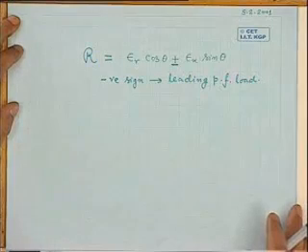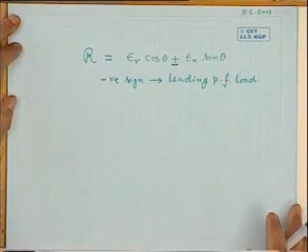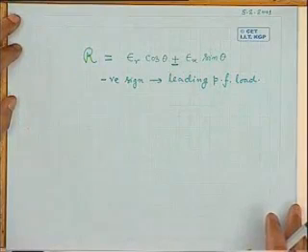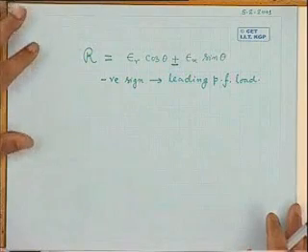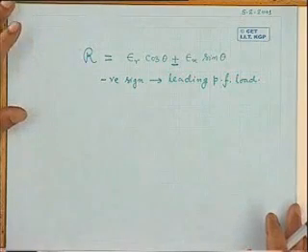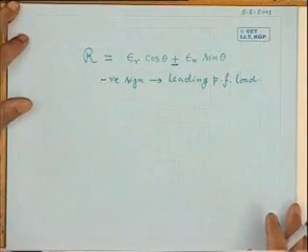Does there exist any load power factor for which regulation will be 0? At what load power factor regulation will become 0? So you can easily calculate. You put regulation 0, tan theta. Will it be a leading power factor load or lagging power factor load? Leading power factor load.